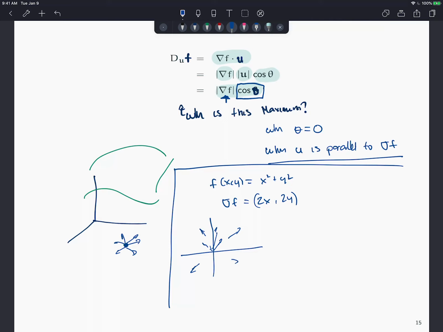And if you see it in 3D, this surface, x squared plus y squared, looks like this. At each point, the gradient is pointing outside, which is the direction at which you will increase the most if you follow that direction on the surface. This is an explanation of why the gradient is pointing in the direction of maximum increase of the function f.